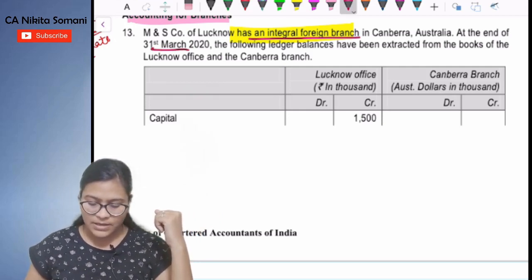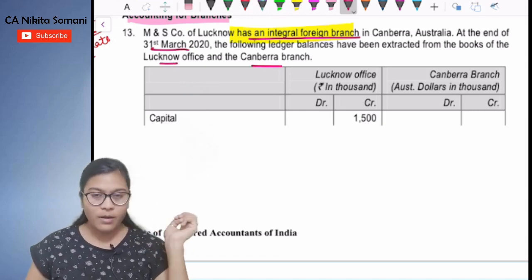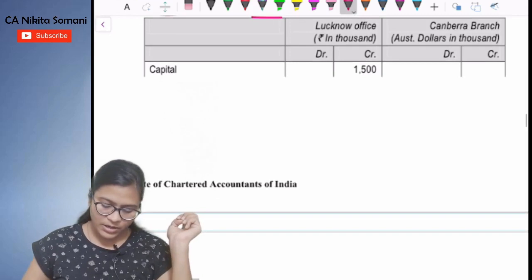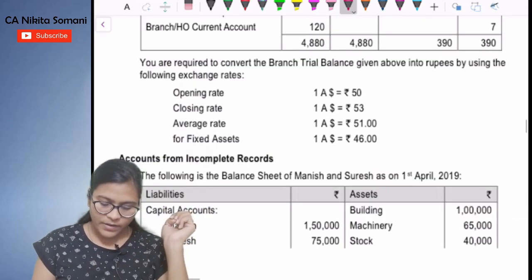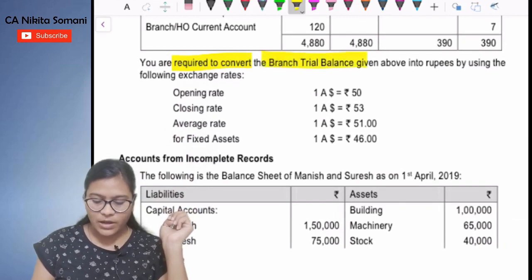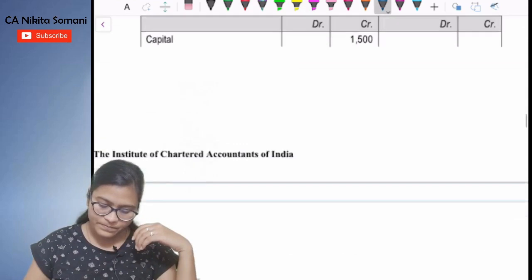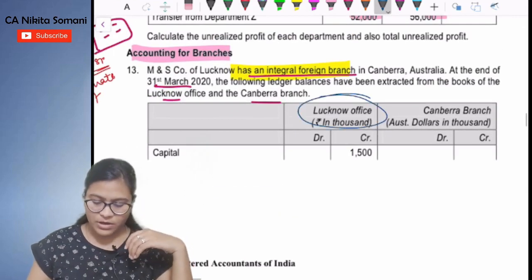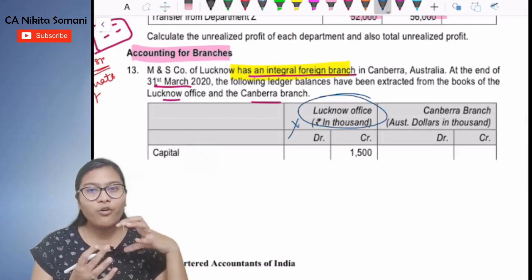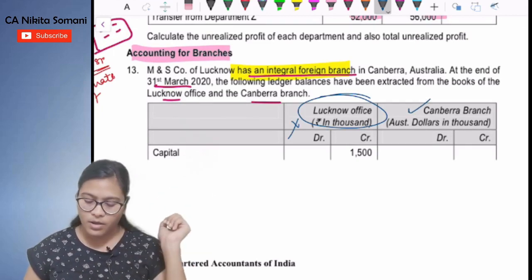The following ledger balances have been extracted from the books of Lucknow office and Canberra branch. There are different things given here, and then it says you are required to convert the branch trial balance. So you don't have to do anything for the Lucknow office. You have to solve for the Canberra branch.